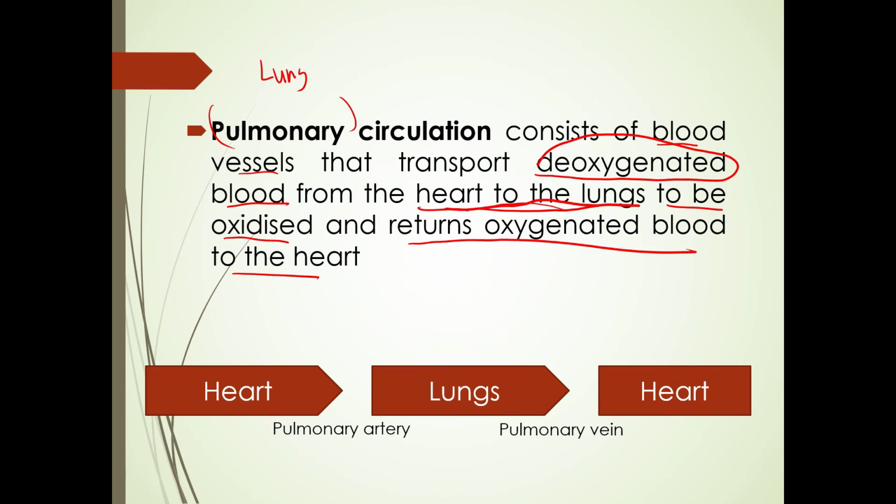What does oxidize mean? Oxidize means it gives the oxygen to the red blood cell. After that it returns to oxygenated blood and goes back to the heart. So that's the pulmonary circulation.